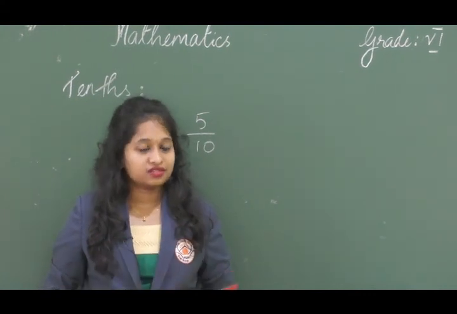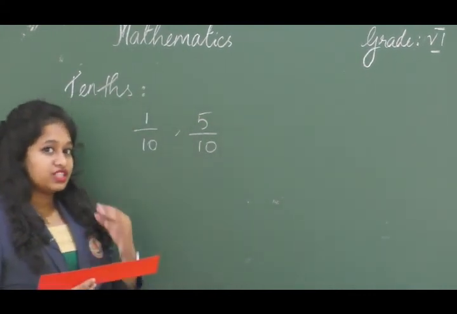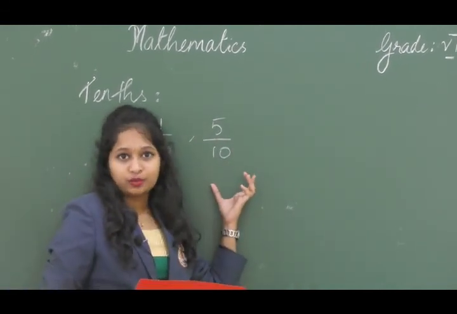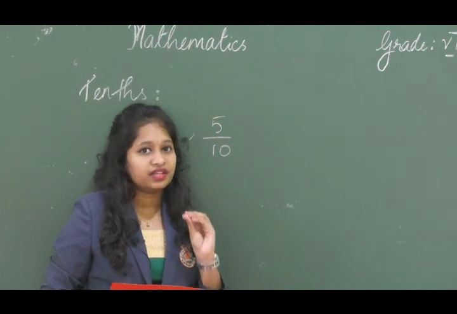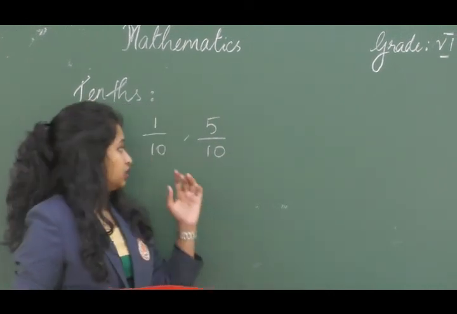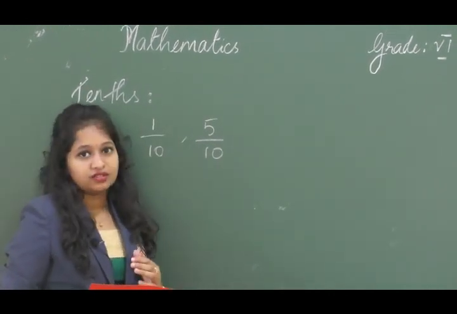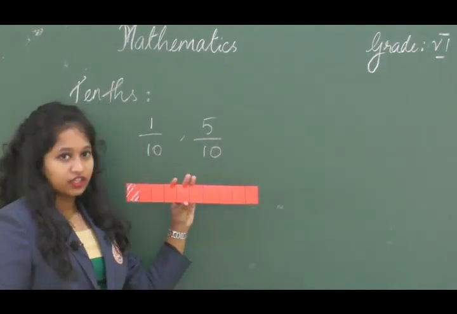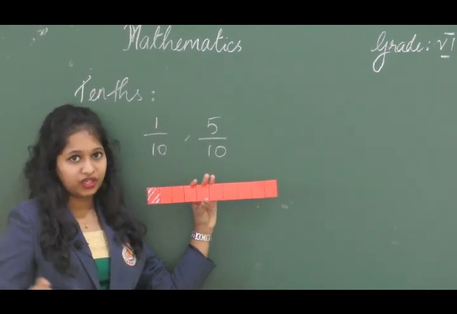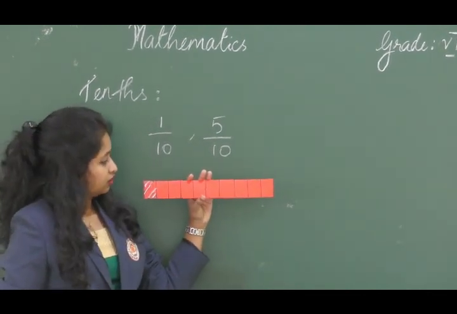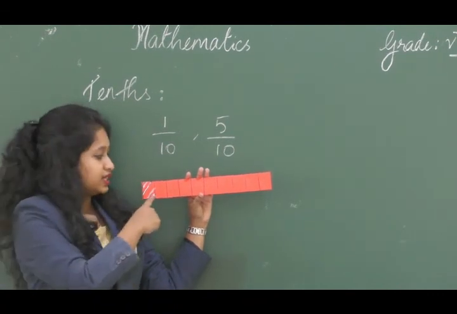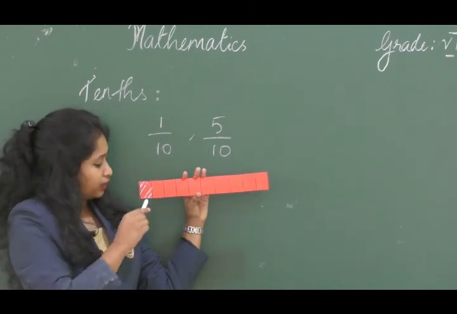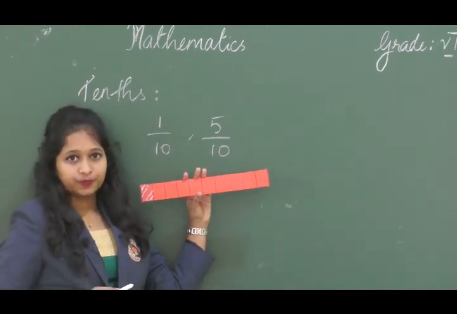So what is tens? Decimal fractions that have 10 as denominator is called as tens. For example, 1 by 10, 5 by 10, etc. I have a rectangular strip here, okay, and there are 10 equal parts in it, and one among them is shaded.